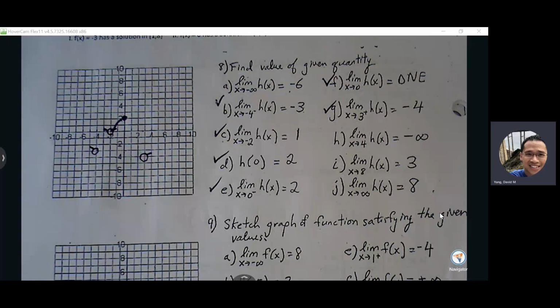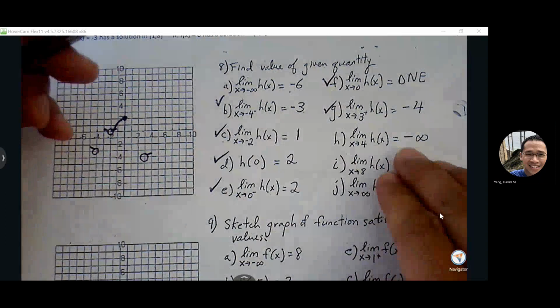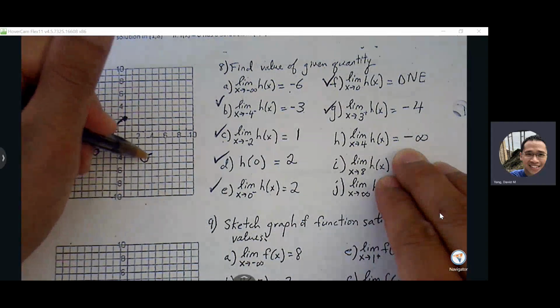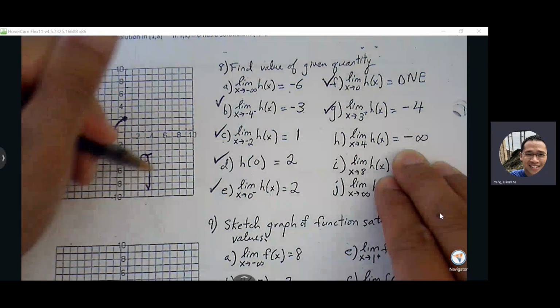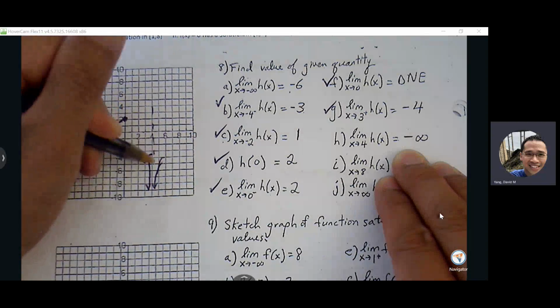Limit as x approaches 4 is -infinity. I want the graph to go down in both directions. It's gonna be drawn towards that asymptote.